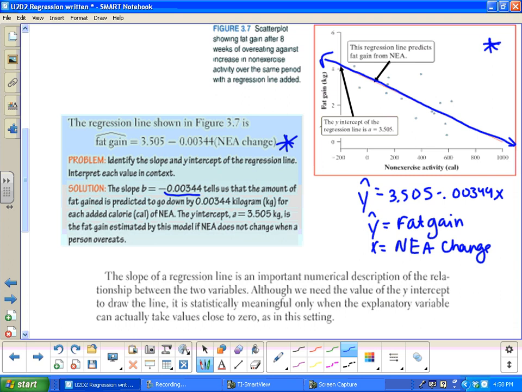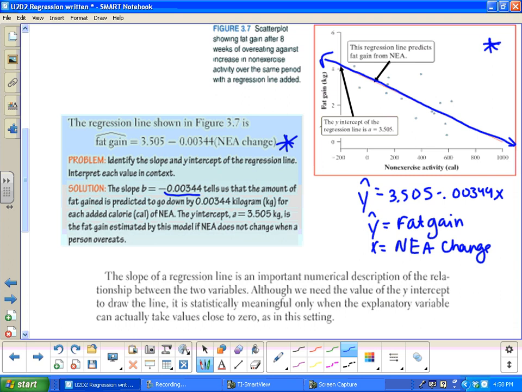That y-intercept would make no sense at all, because you wouldn't have an arm span for someone with a height of 0. You can't have a person with a height of 0. So in some cases they'll ask why this doesn't make sense, and you just have to look at the context of the problem.